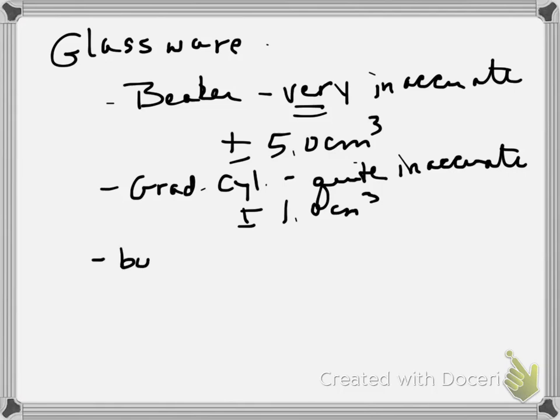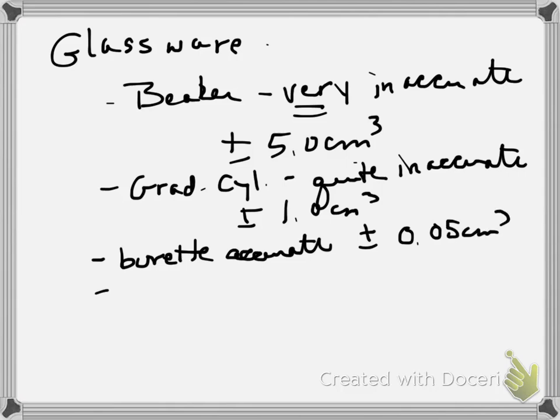A burette is more accurate, considered accurate, because it's plus minus 0.05 centimeters cubed. The pipette is also considered accurate. But the thing that you have to remember with these two is how many multiple measurements.